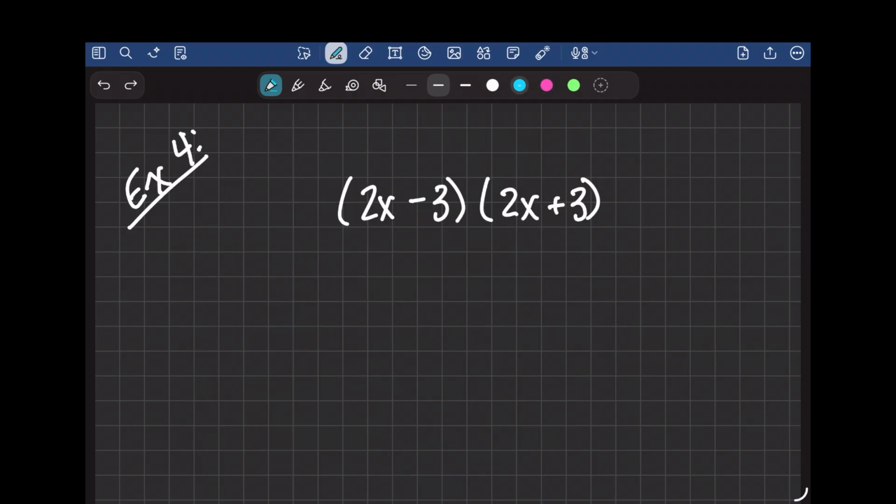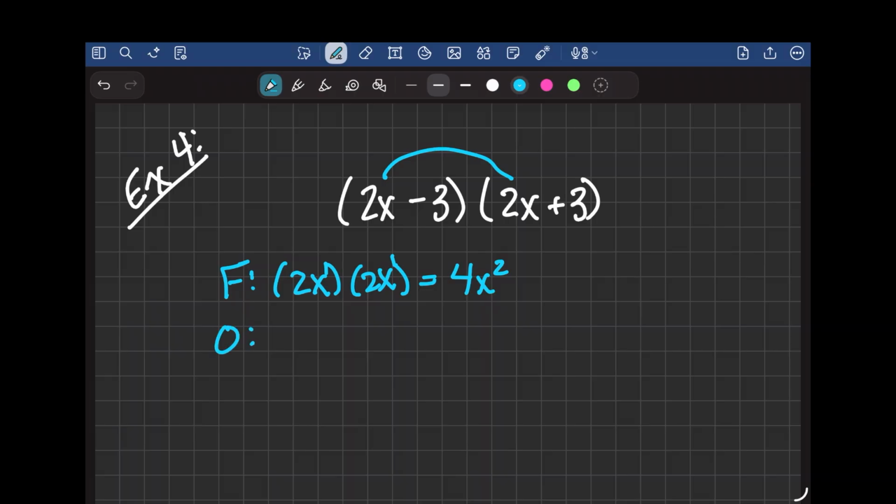All right, looking at example 4, we have 2x minus 3 times 2x plus 3. So our first terms here are going to be 2x times 2x, and that'll give me 4x squared, because again, we are adding those invisible ones for our exponents and multiplying our coefficients. My outside term is going to be 2x times positive 3, and that will give me 2 times 3, which is 6, and writing that x would leave us with 6x.